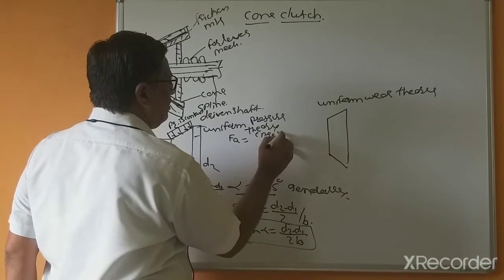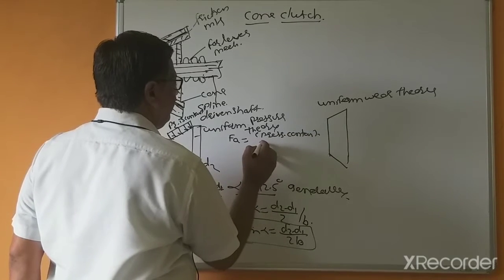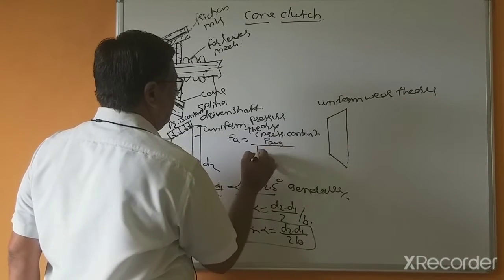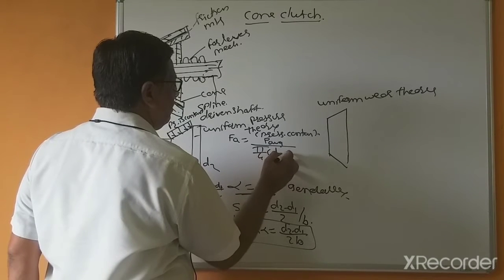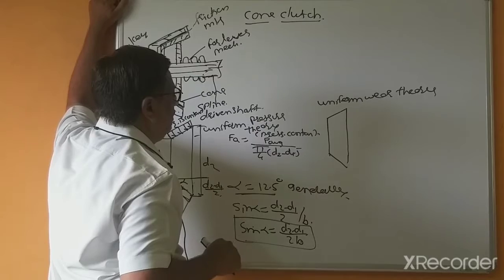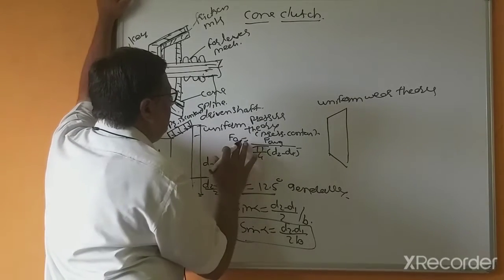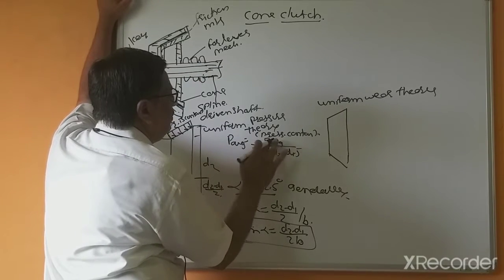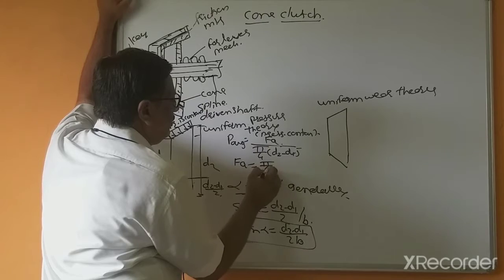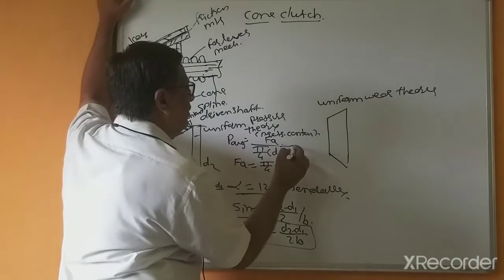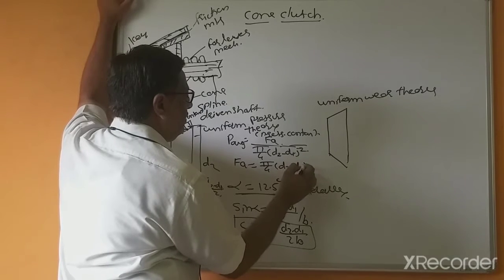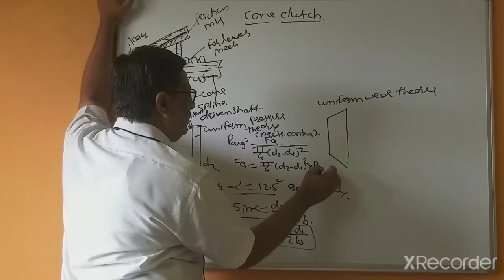So here P average equals Fa divided by pi by 4 (D2 square minus D1 square), that is, Fa equals pi by 4 (D2 square minus D1 square) into P average.